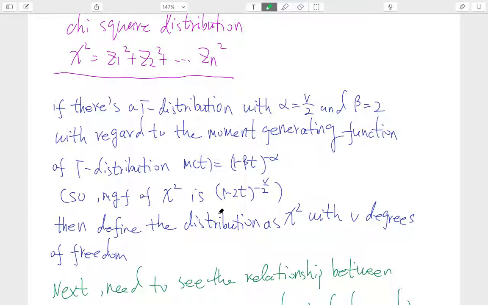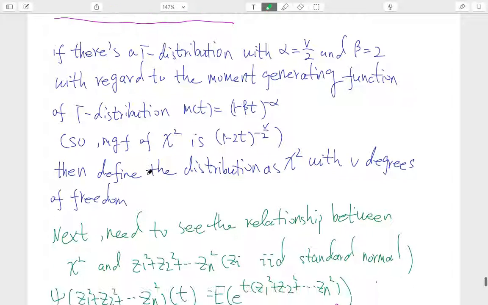And so the next step is to move forward to the right hand side of this equation. What's the moment generating function of such kind of distribution? The sum of n independent identical standard normal distributions, the squares of them added up together. What is the moment generating function of this distribution?